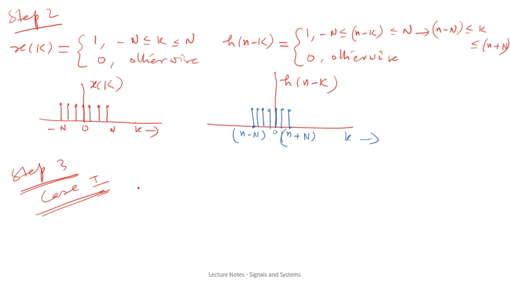The first case is if n plus N is less than minus N, that means in terms of small n you can write it as n less than minus 2N. If this is the case, we'll try to represent it with a waveform.